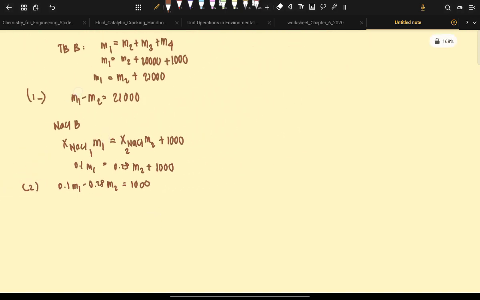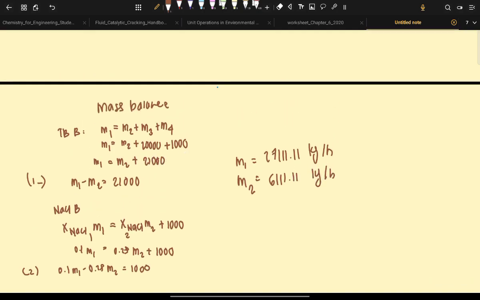So you can use your calculator, magic tools, and then you get M1 and M2, right? So M1 equals 27,111.11 kg per hour, and M2 is 6,111.11 kg per hour.